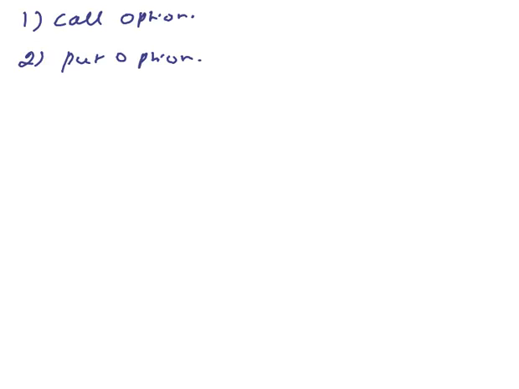A call option is an option granting the right to the buyer of the option to buy the underlying asset. So call option is the right to buy and put option is the right to sell. Let's take a stock.